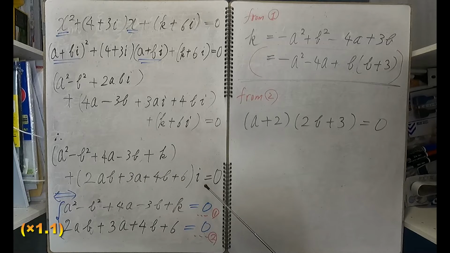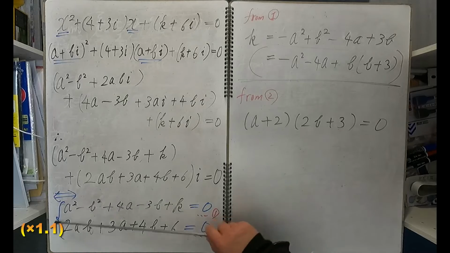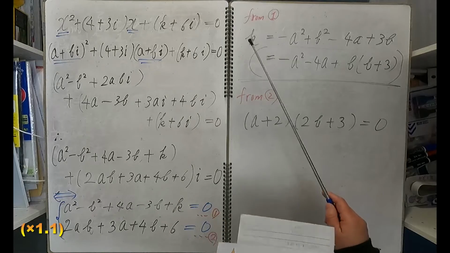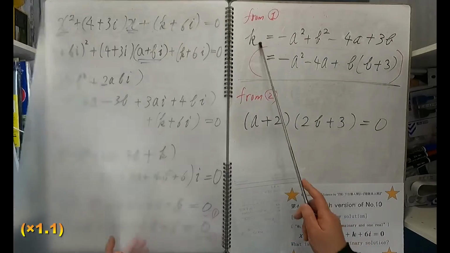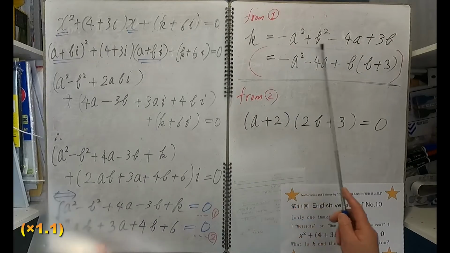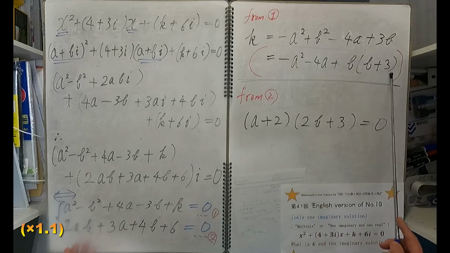So when a complex number is 0, both the real part and the imaginary part are 0. Both of them are 0. So finally we got this. And next, from this first formula, we got this. k is this and also written like this.